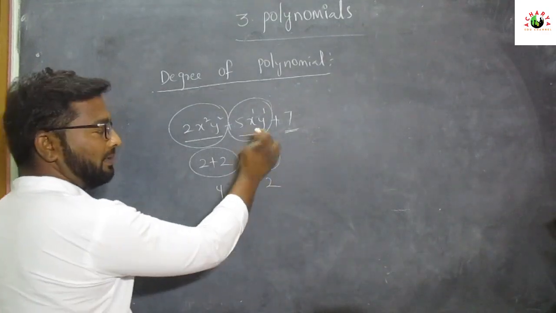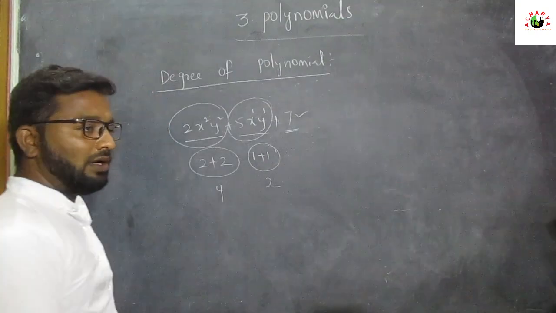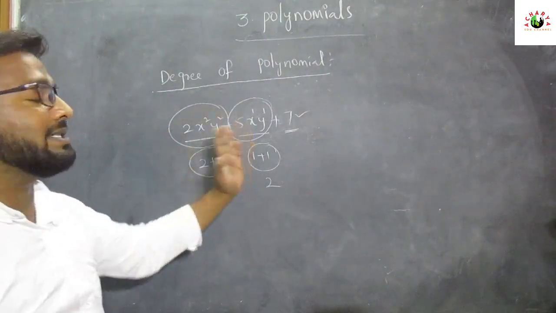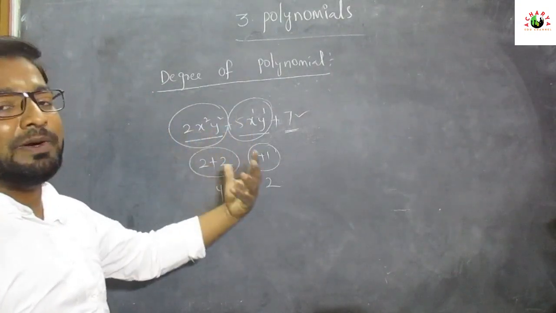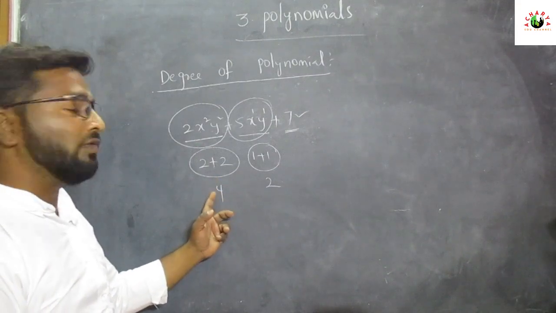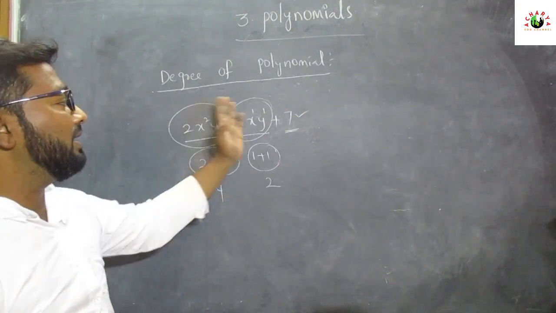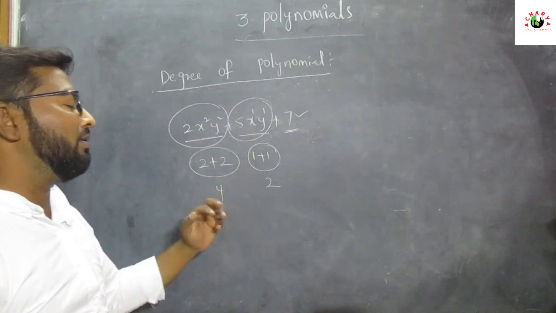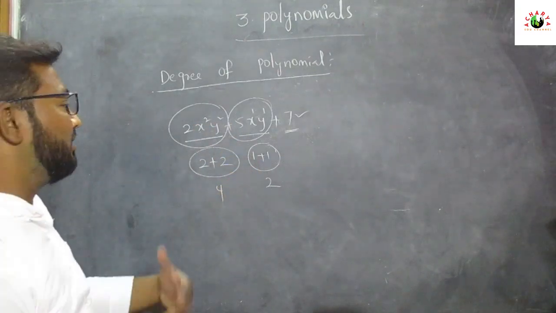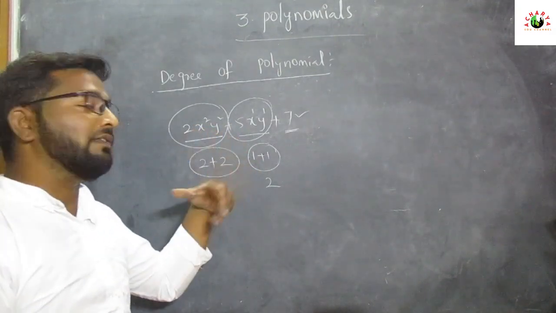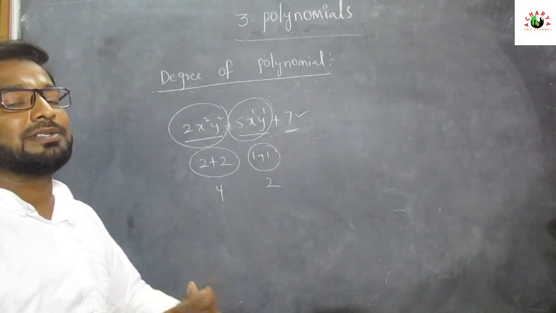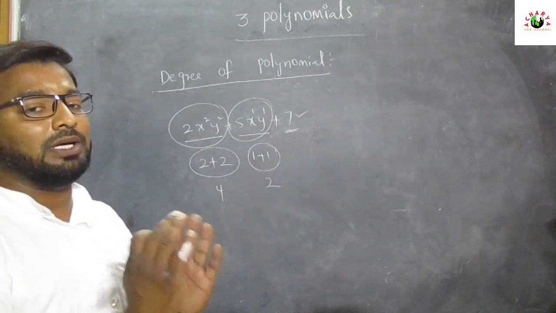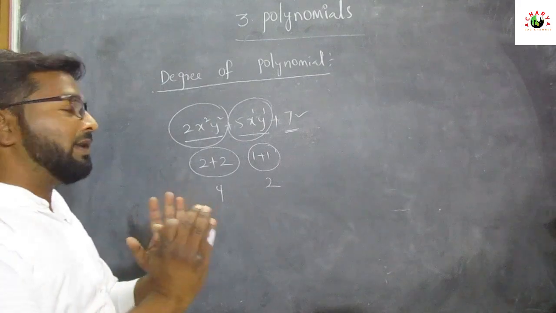And 7 is a constant term. Now we identify the highest sum of the powers, which is 4. So the degree of the given polynomial is 4. If different variables are given, we should add the powers of the variables in a particular term, not across others.